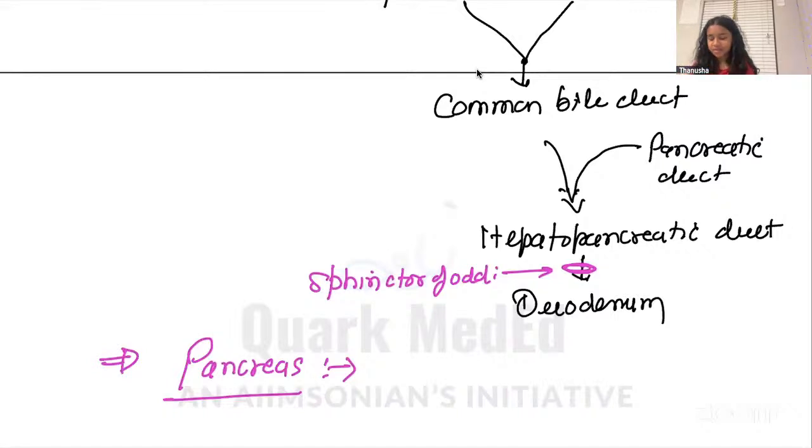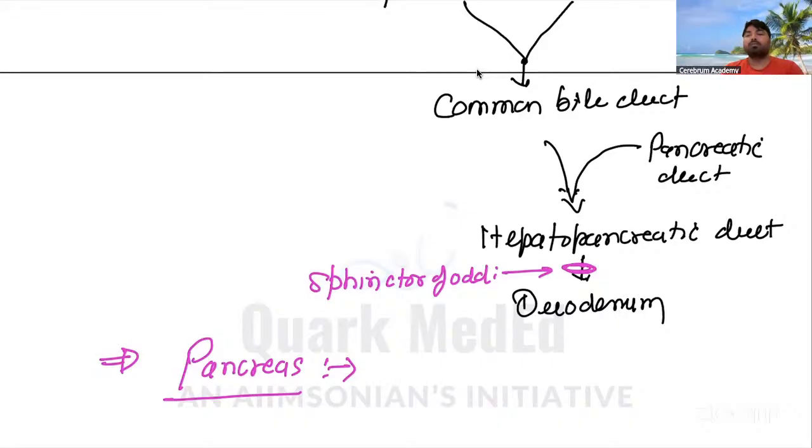First, we started off with the wall of the alimentary canal. It's a canal from the esophagus to the rectum, and it has 4 different layers. The outermost layer is serosa. It's thin and it has mesothelium.